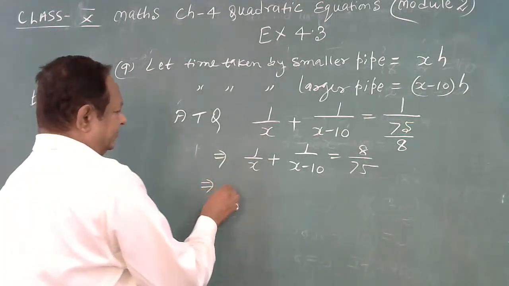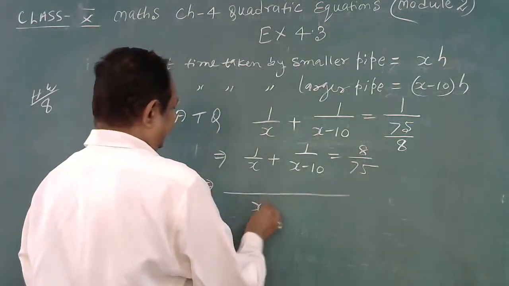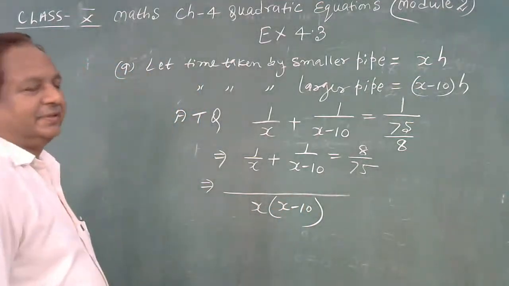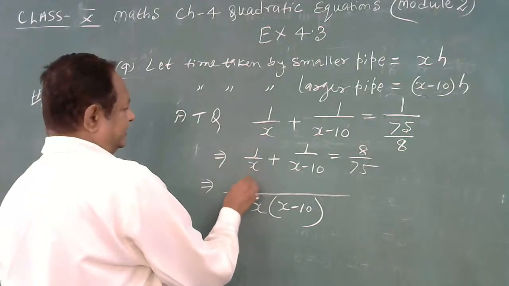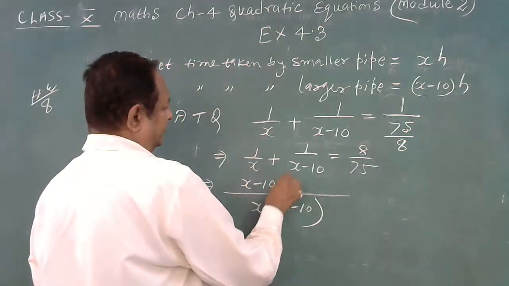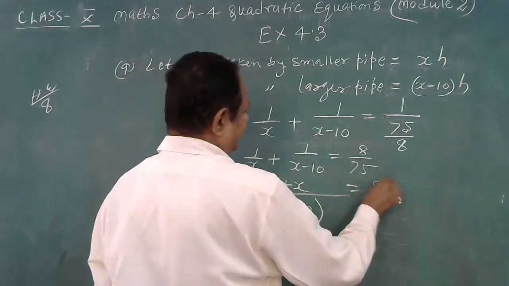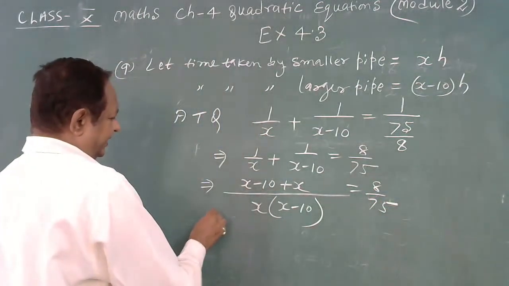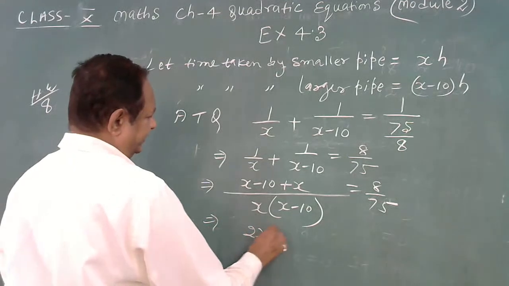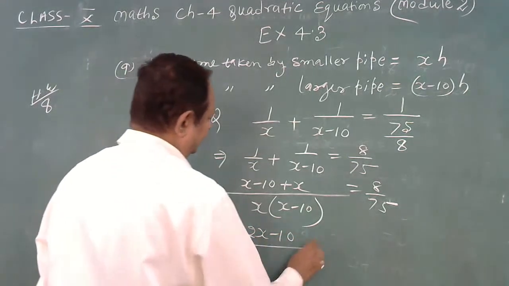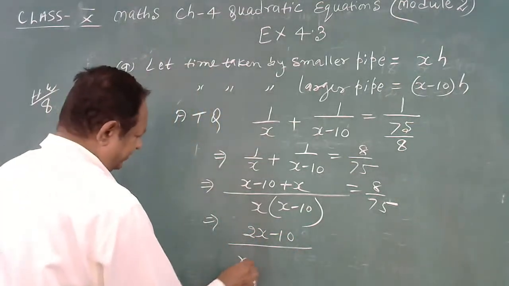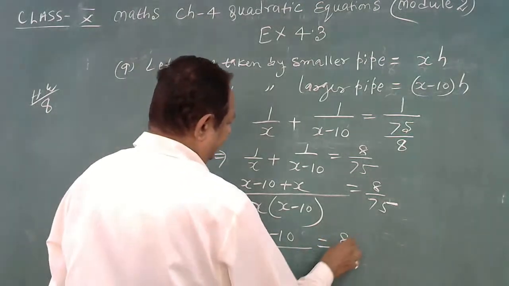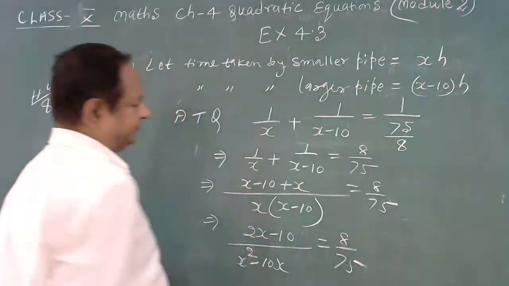Now taking LCM, x into x minus 10, and numerator x minus 10 plus x is equal to 8 by 75. So x plus x, 2x minus 10, upon x square minus 10x is equal to 8 by 75.